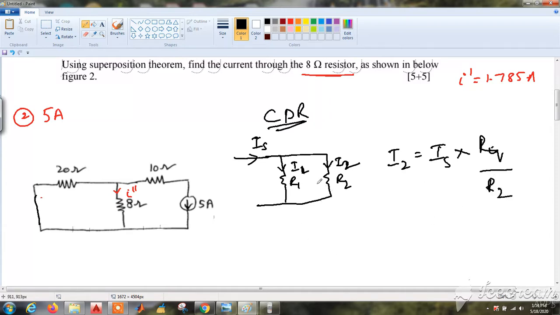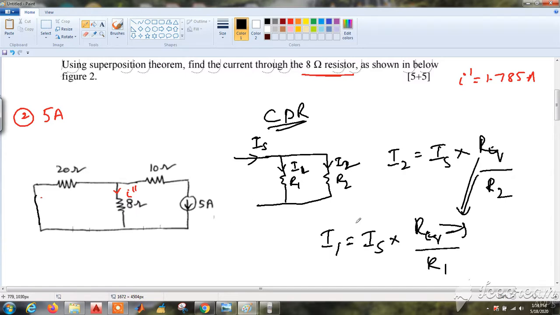Similarly, if you want to find the current I1 flowing through R1, you can write I1 is equal to Is times R equivalent divided by R1. In both cases R equivalent will be the same, that is R1 parallel R2, which we can also write as R1 R2 divided by R1 plus R2.